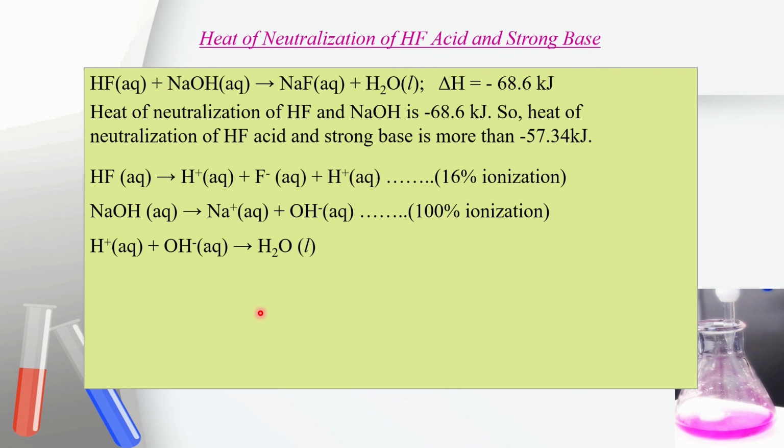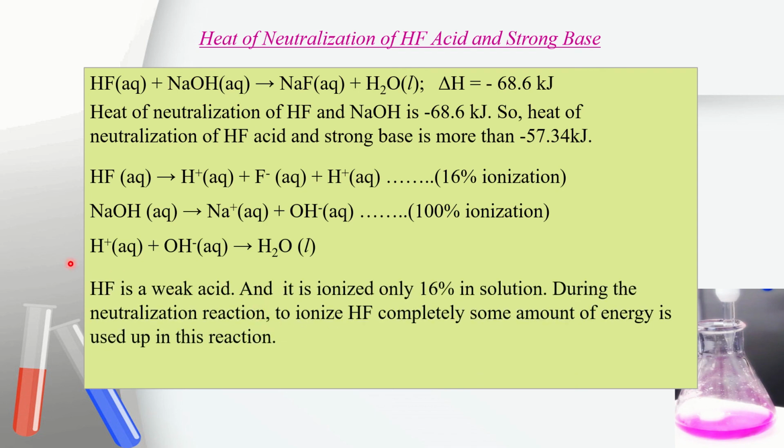But look, hydrofluoric acid is a weak acid and it is ionized only 16% in solution. During the neutralization reaction, to ionize hydrofluoric acid completely, some amount of energy is used up in this reaction.